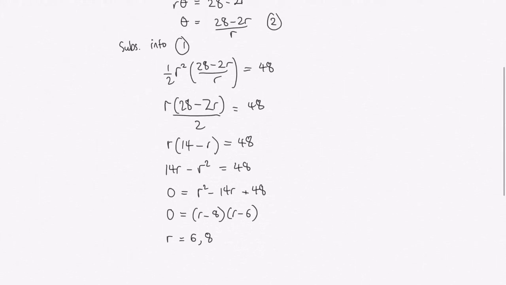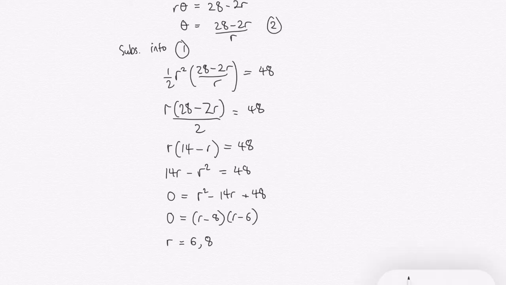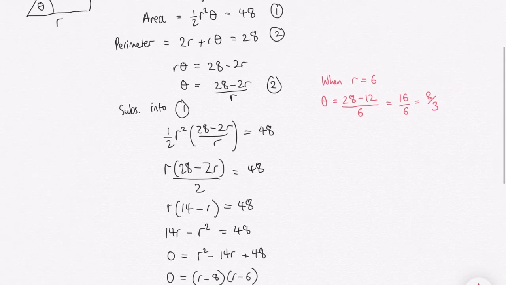So I'm going to take my two values of r and substitute them into equation 2 to find theta. So when r equals 6, theta equals 28 minus 2 times 6, so 28 minus 12 over r, which is 6, which is 16 over 6, which is 8 over 3. And then we can verify that this does in fact satisfy our original equation 1.